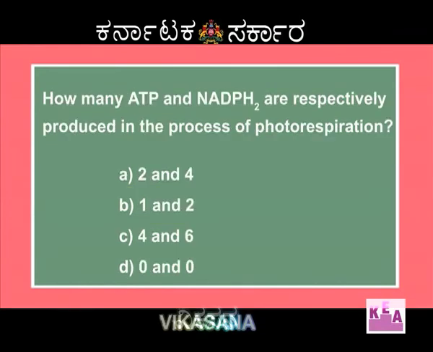Dear students, the next question is, how many ATP and NADPH2 are respectively produced in the process of photorespiration? Options are option A 2 and 4, option B 1 and 2, option C 4 and 6, option D 0 and 0.